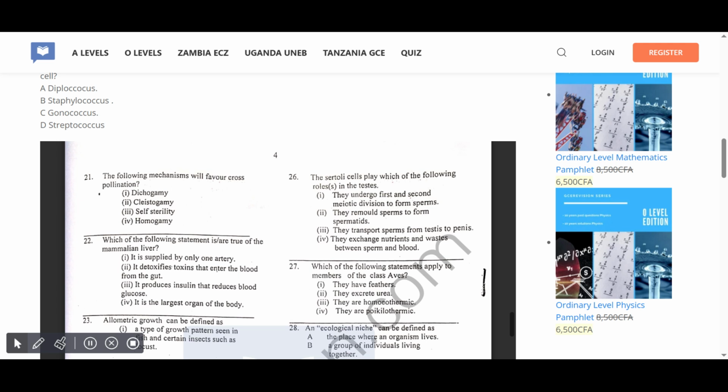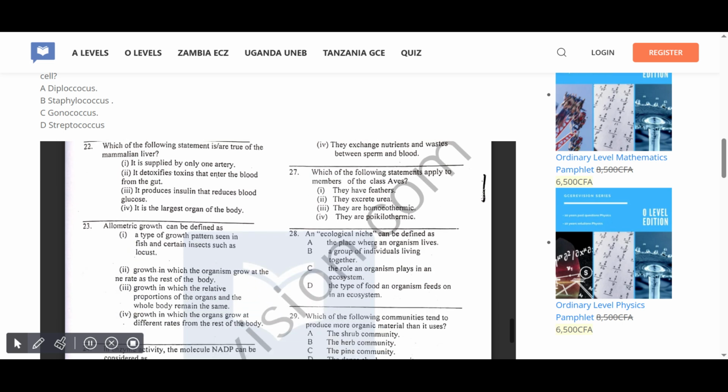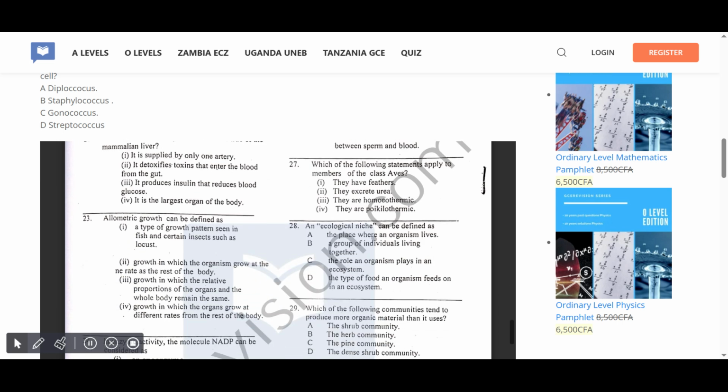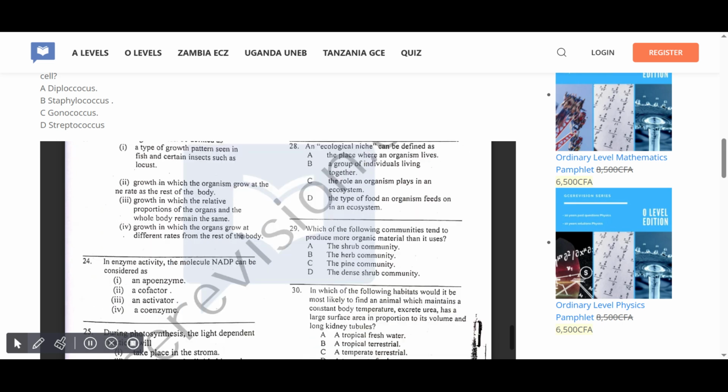The answer is A. Question 23. Allometric growth can be defined as. The answer is A.